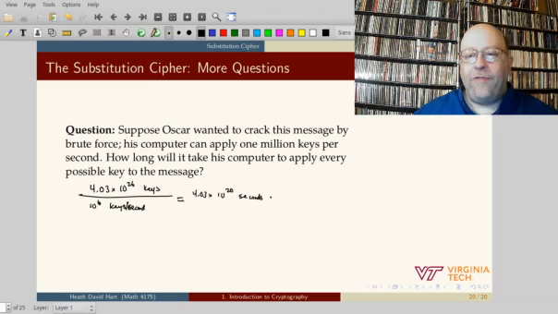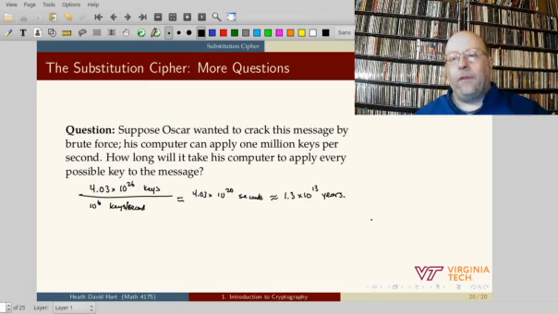And that's approximately equal to 1.3 times 10 to the 13th years. So 10 to the 13th, that's 13 billion years.